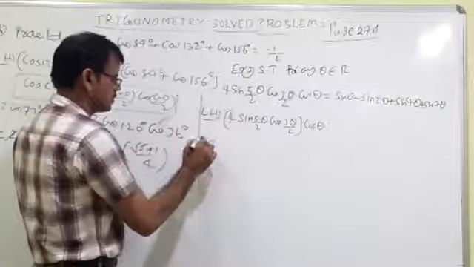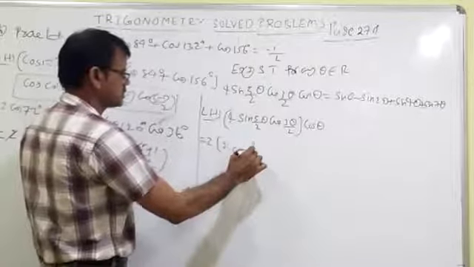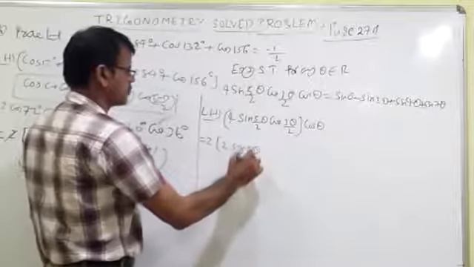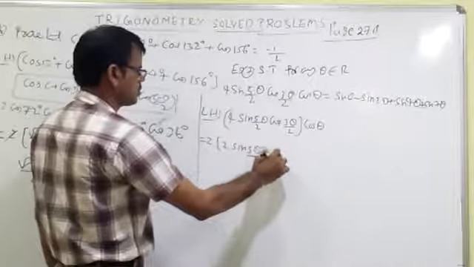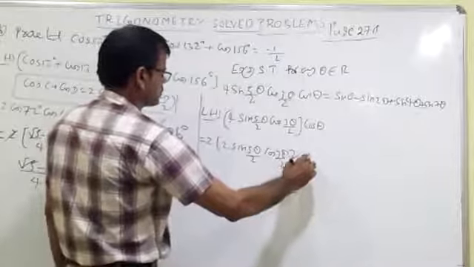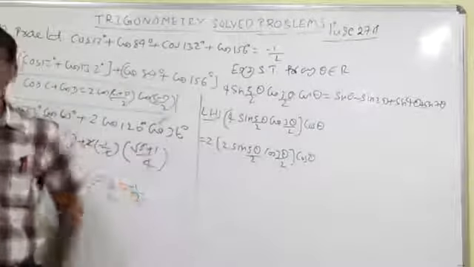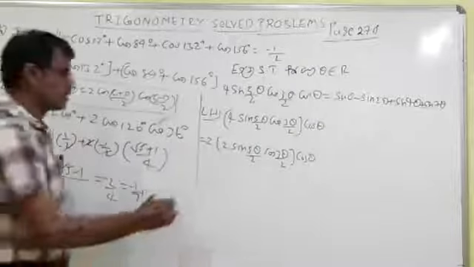That is equal to, you can write here 2 into 2 sin (5 theta/2) into cos (3 theta/2) into cos theta.